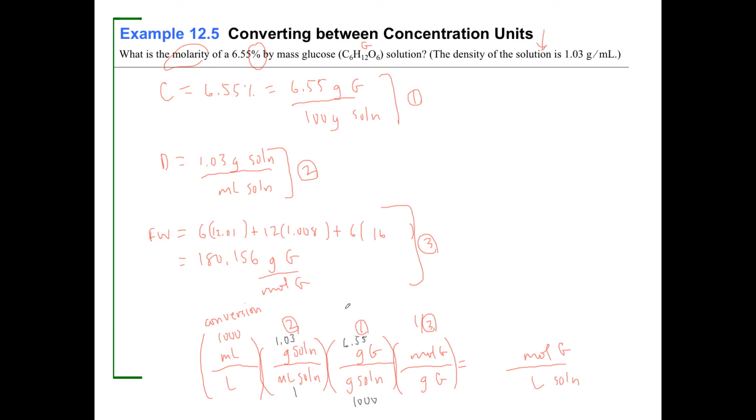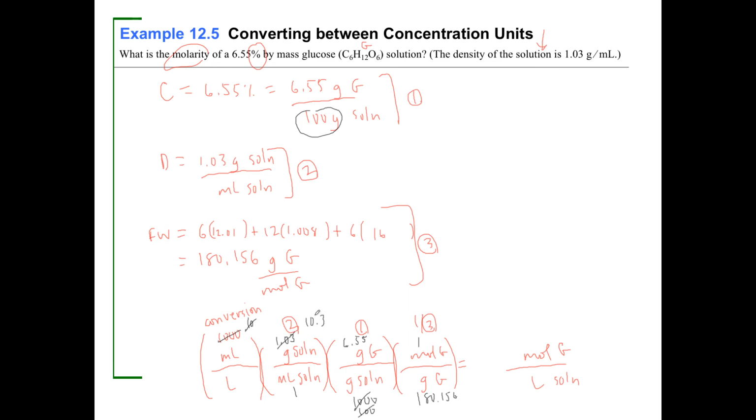And then here it looks like I've got 180.156 grams per 1 mole. Oops, that was supposed to be 1,000. Wow, I mean it was supposed to be 100. See, here's my 100 here, and I just put 1,000 there by accident. Got to be careful. All right, so I'm going to get rid of that and change this to 10.3.